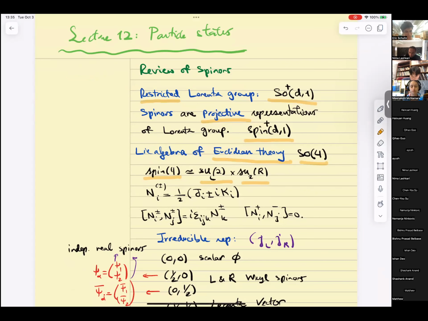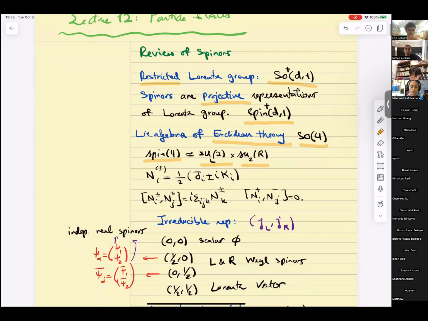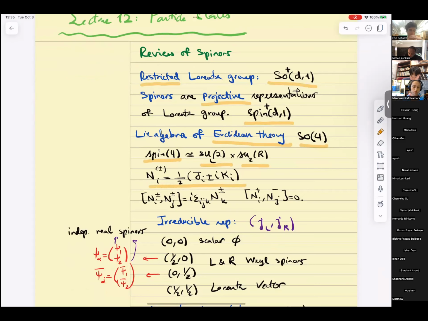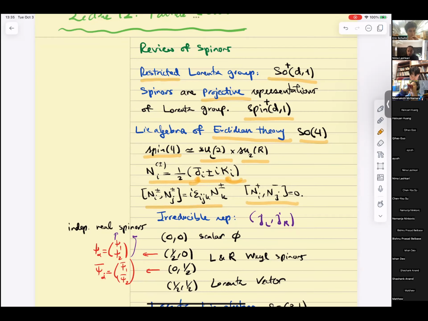And we said that if you form the following combination of these generators from the boost and rotations, where J_i are rotations and K_i are boosts, you explicitly realize what these two copies of SU(2) are. So this is not a terribly abstract concept. It's just a complex sum of generators of boost and rotations.